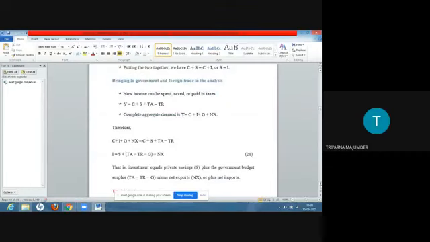Now income can be saved, paid in taxes. Firstly, it can be spent or saved, or paid in taxes. So we have already learnt about this, that is Y is equal to C plus savings plus taxes minus transfers.